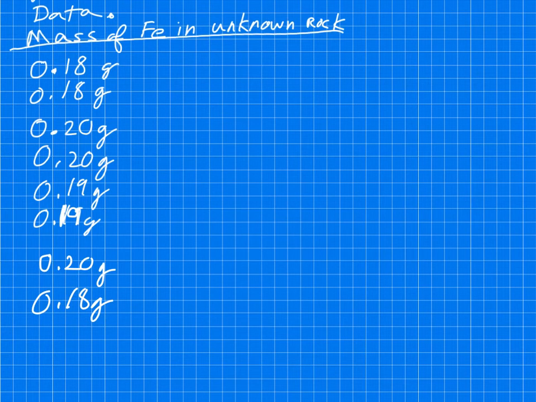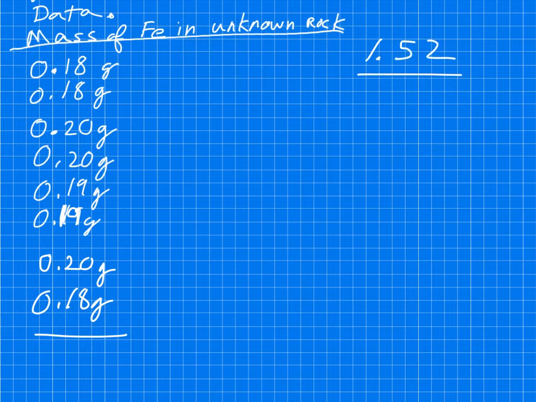And when I do that, I get 0.18 plus 0.18 plus 0.2 plus 0.2 plus 0.19 plus 0.19 plus 0.2 plus 0.18 equals, when I sum them all together, 1.52.